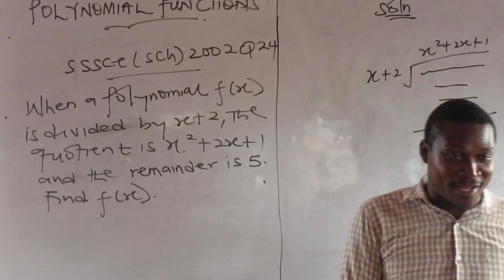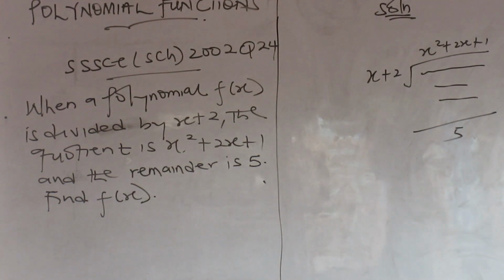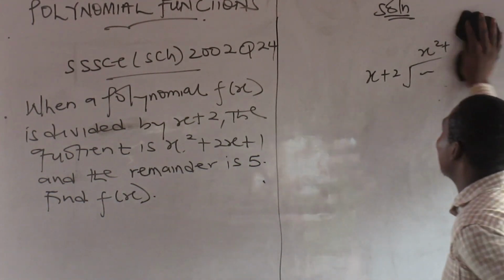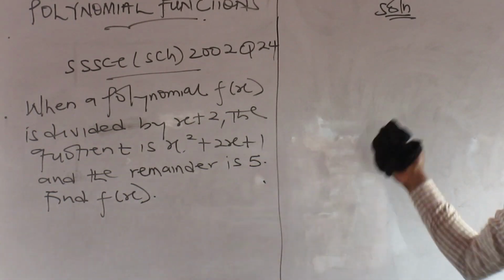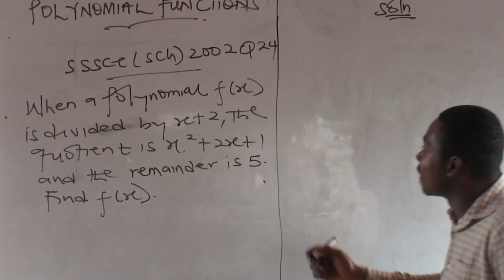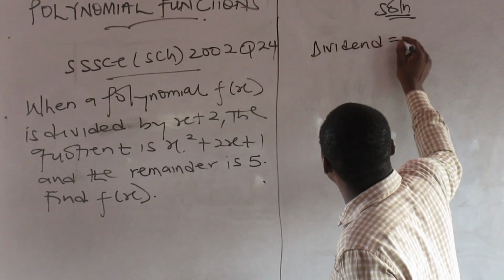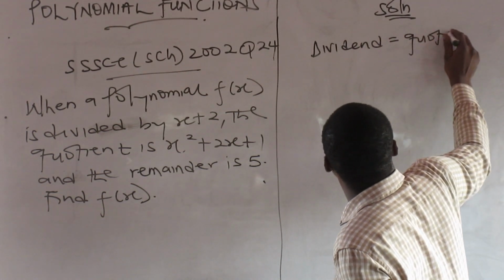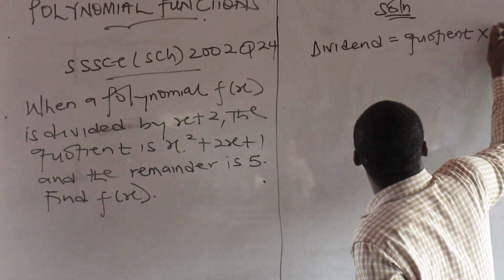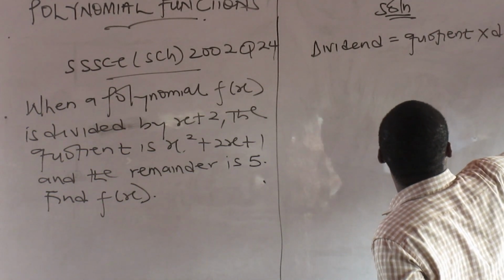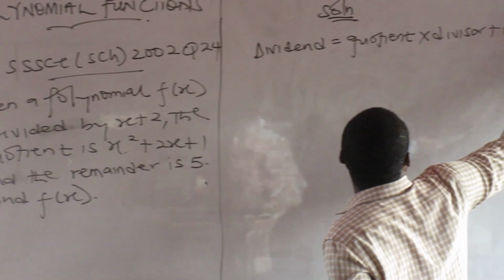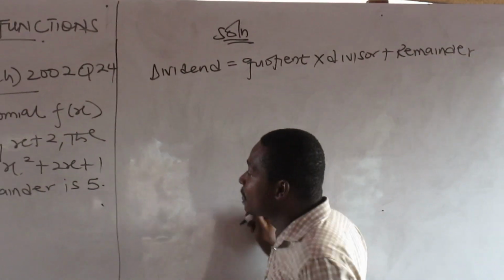That's what he is telling you, okay? Good. So you have to use a relationship to get the function itself. You can't use this approach to get a function, so use a relationship, right? So there's a relationship. Dividend equals what? Quotient times divisor plus remainder.